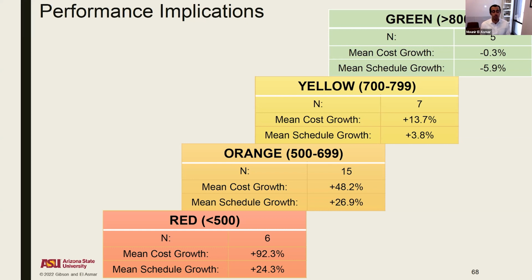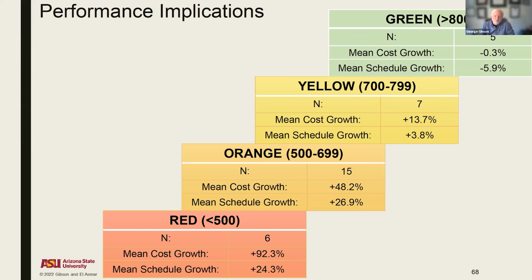Those that were in the orange zone, we're looking at about 48% in terms of cost growth. And these are the projects that scored between 500 and 700. And finally, if it's less than 500 on maturity and environment, if you're in that red zone, now we're looking at almost 92%, close to 100% really. So you're really looking at almost doubling what that baseline was if we're at the red.